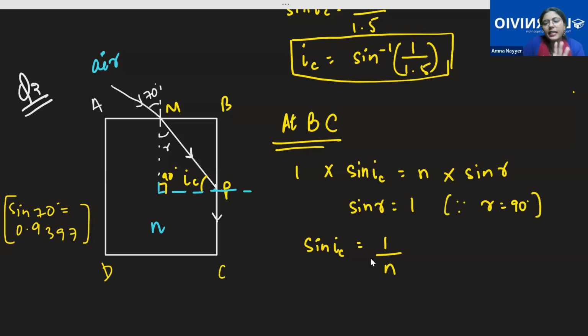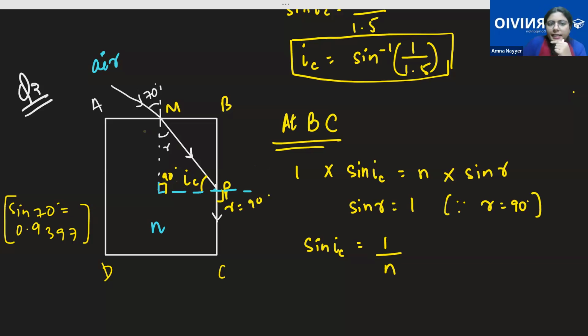So I can say sine IC is equal to 1 by n. Till here, am I clear? 1 into sine R, which is 90 degrees, is equal to n into sine IC. So sine IC is equal to 1 by n, which we have done above also.